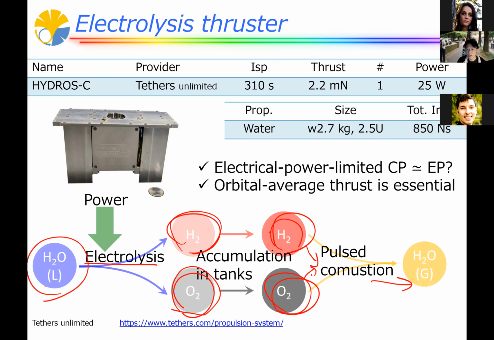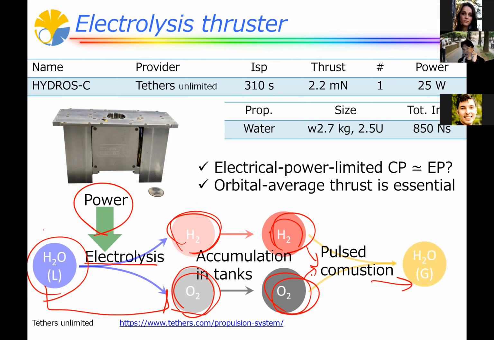So when you focus on this phase, apparently the energy source of this propulsion system is electrical power. And operation of this thruster is limited by this electrical power. So in this point, this is clearly electric propulsion.